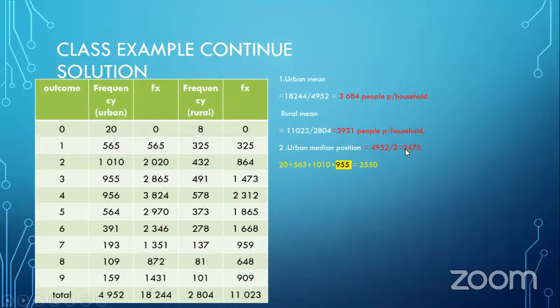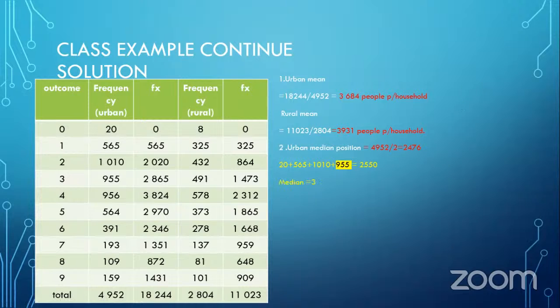Are you with me? So we're going to add that 956, and from there, it's going to be above this number. Are we moving? Yes, I'm listening to you. You can move on now.